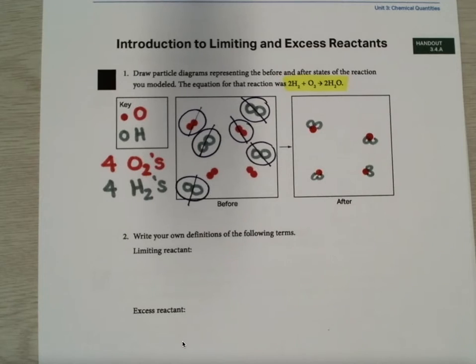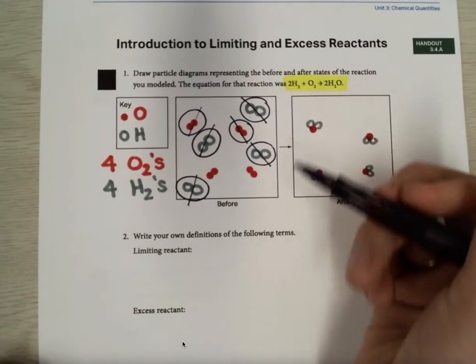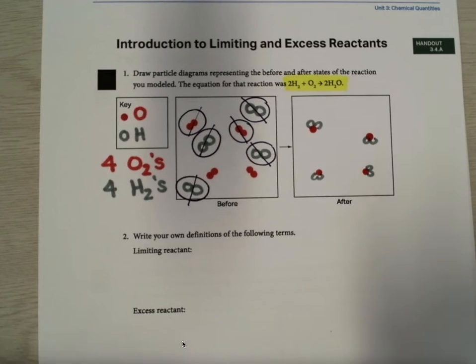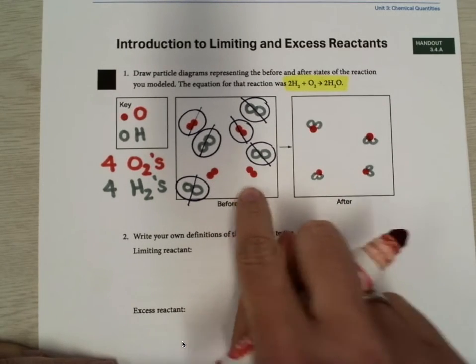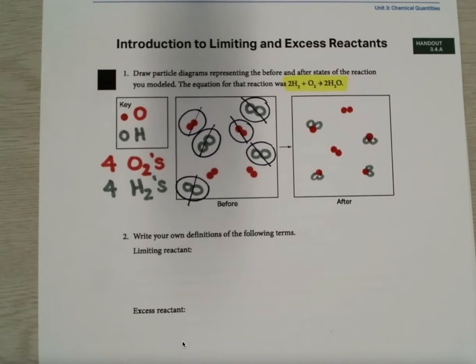Can I do that again? Now this time the answer is no. And the answer is no because I have no more hydrogens to circle. I just have these 2 oxygens that are left over. Okay?